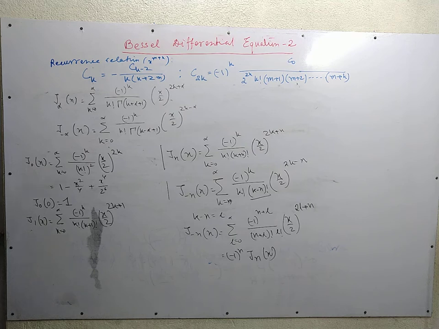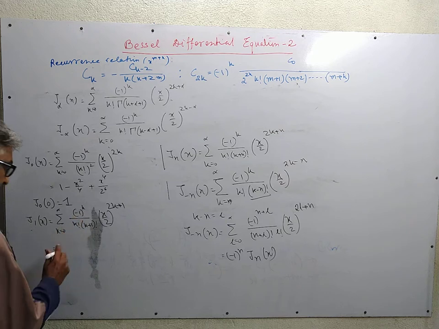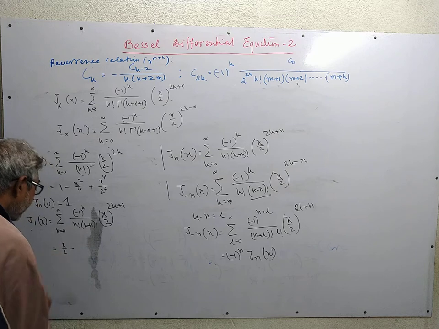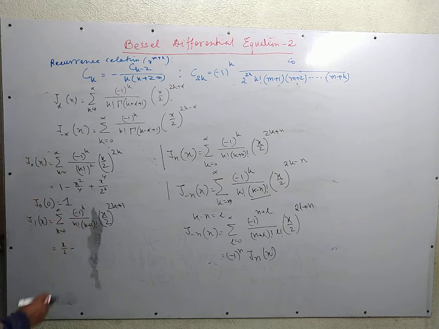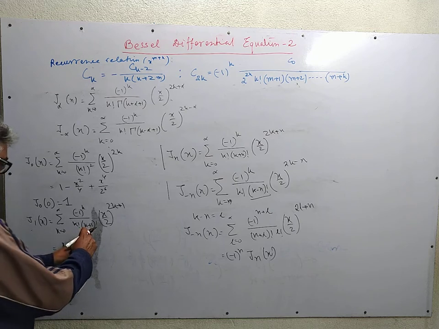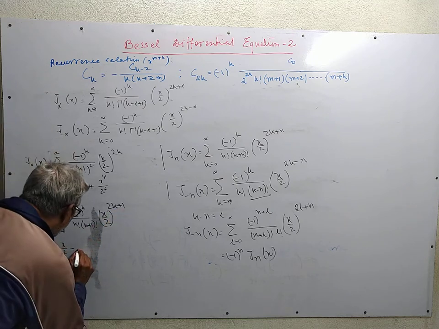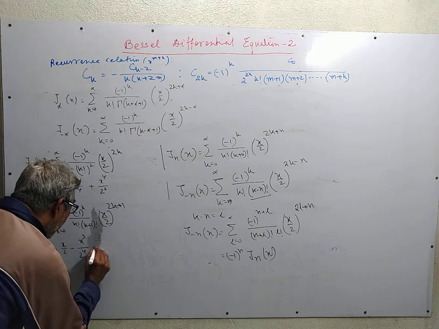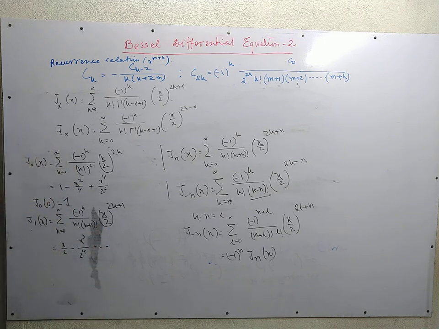For k is equal to 0, this is 0, this is 1 factorial, this is 1, this is x by 2 simply. Then this minus sign, k is equal to 1, this is 1 into 2 factorial, and this is 3, so 2 to the power 4, x cube and other higher order terms.